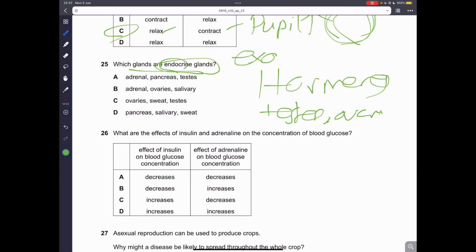An example of exocrine glands is your sweat glands, because the sweat comes out of your body, but endocrine does not come out of your body, and therefore the sweat gland is not an answer to this. So the adrenal gland is one of the answers, the testes also, and the pancreas as well, and therefore most likely A is the correct answer.